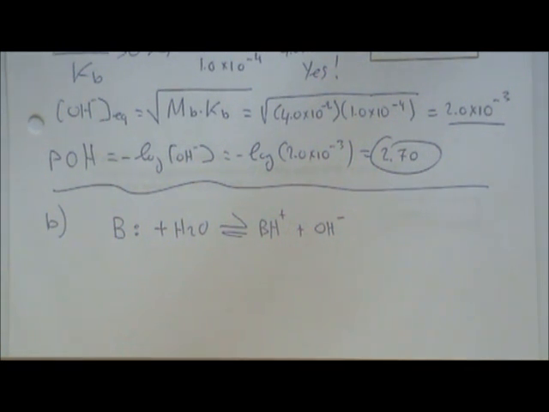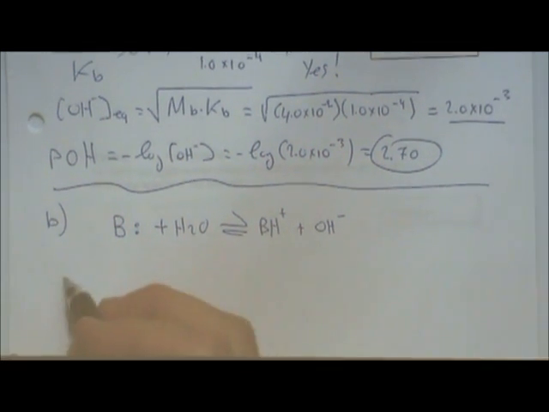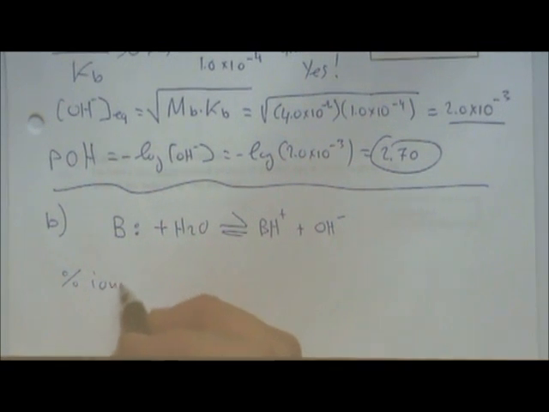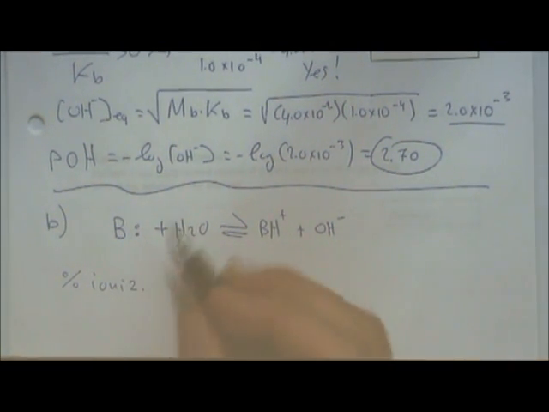What is percent ionization? Percent ionization will be equal to the number of molecules of the base that ionized divided by the total number of molecules of base that I have in the solution. Total, I put in from the beginning.